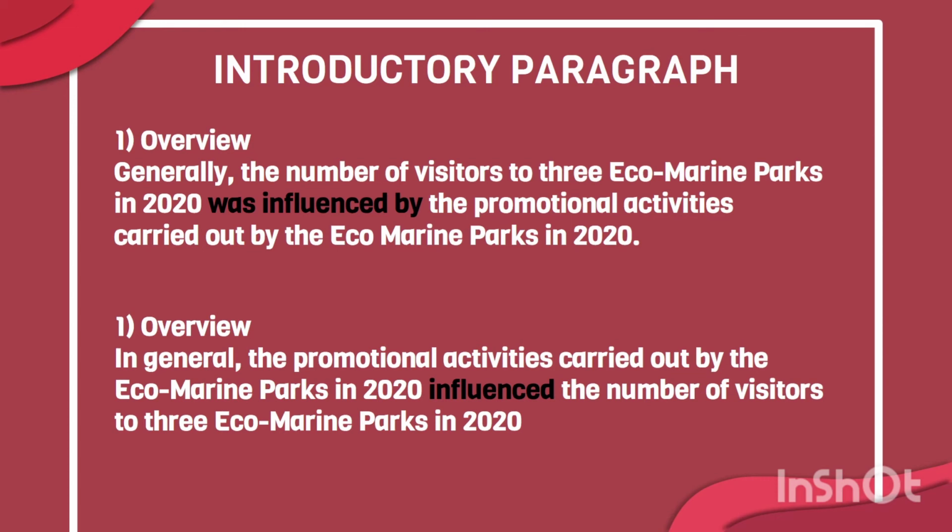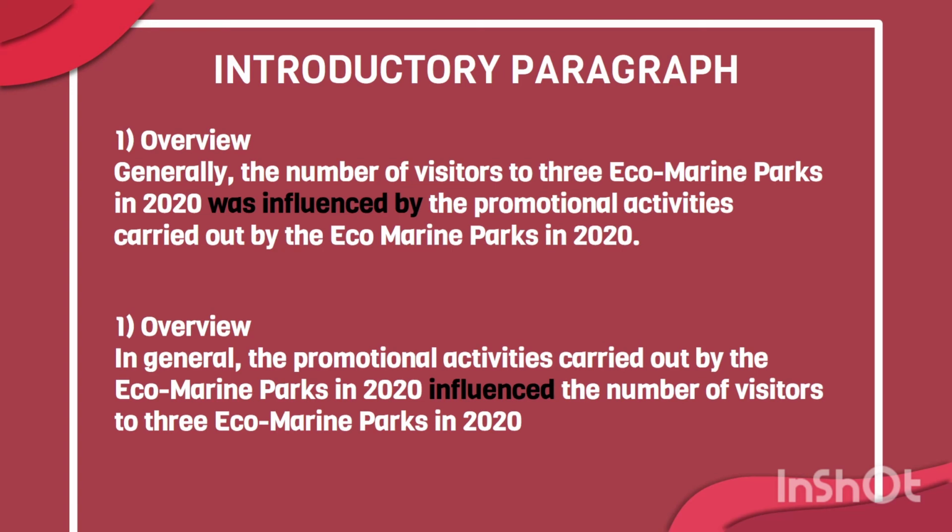Please think. In order to have many visitors to this eco-marine park, the eco-marine park should promote some activities. So the more activities that you have, the more visitors will be going to the eco-marine parks.